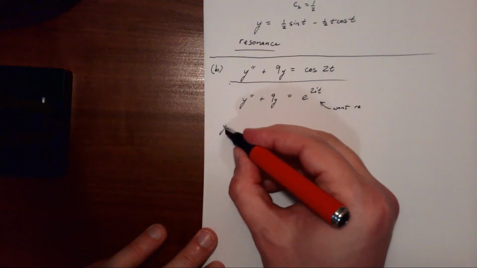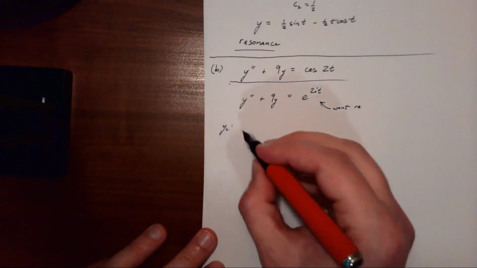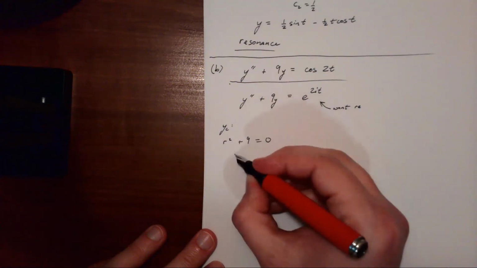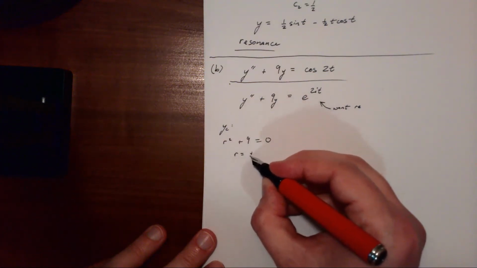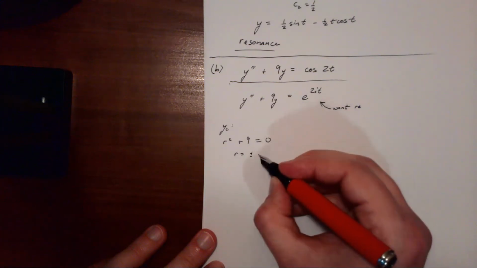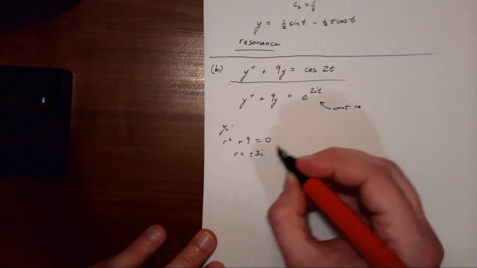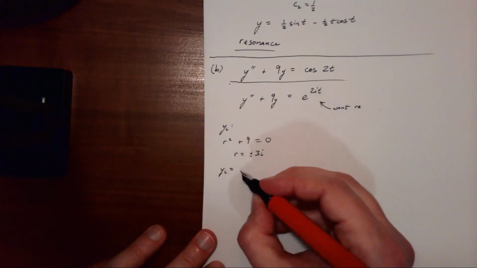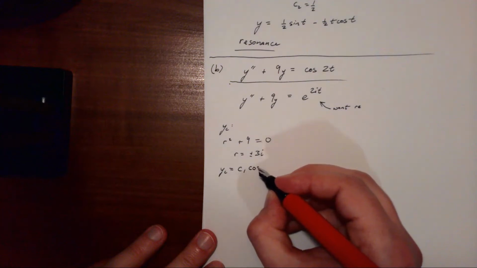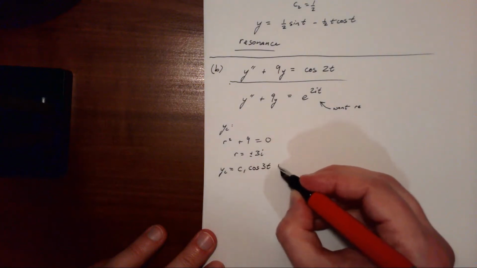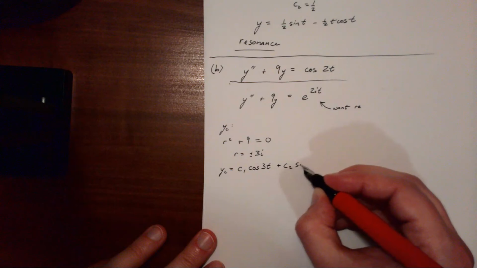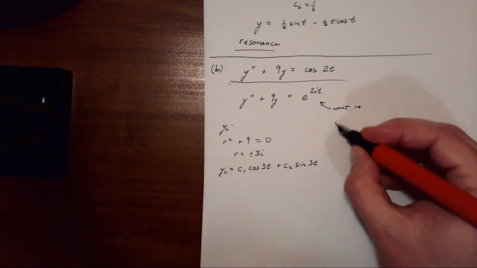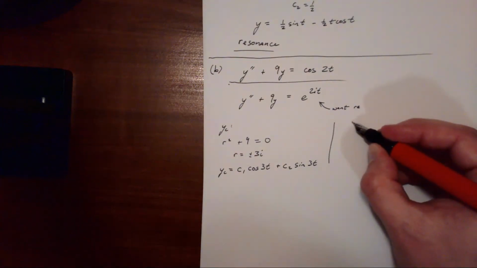Okay, now let's start with the complementary solution. So r squared plus 9 equals 0. So r equals plus or minus, so subtract the 9 to take the square root, so 3i, which gives us a complementary solution of c1 cosine 3t plus c2 sine 3t. Alright, well I feel pretty good about that now because we're not going to be duplicating.